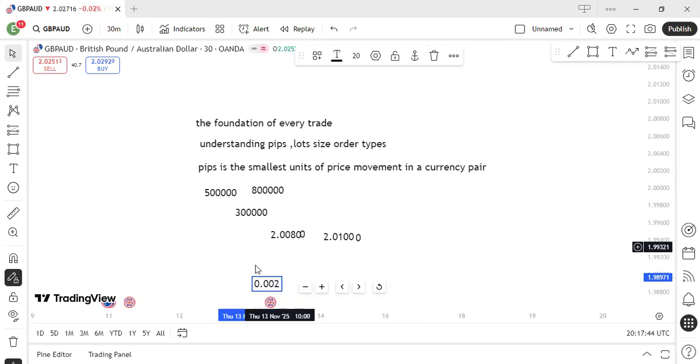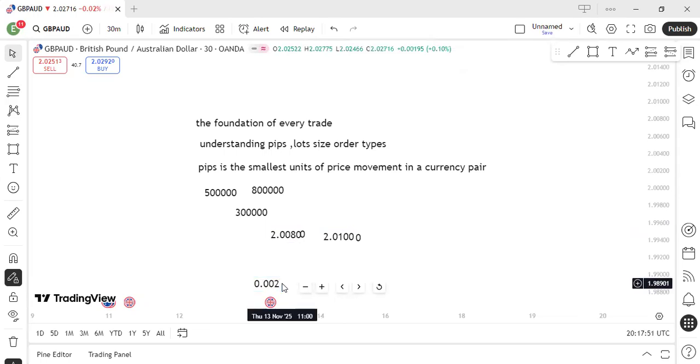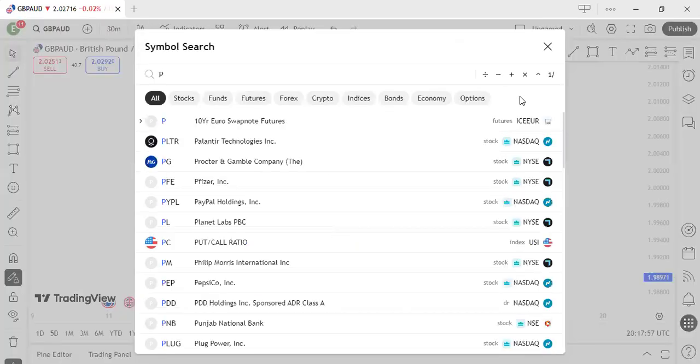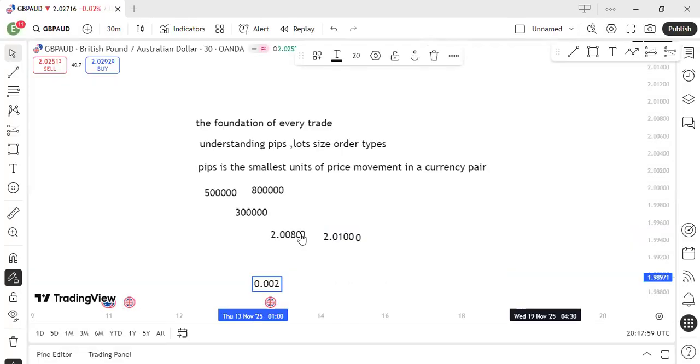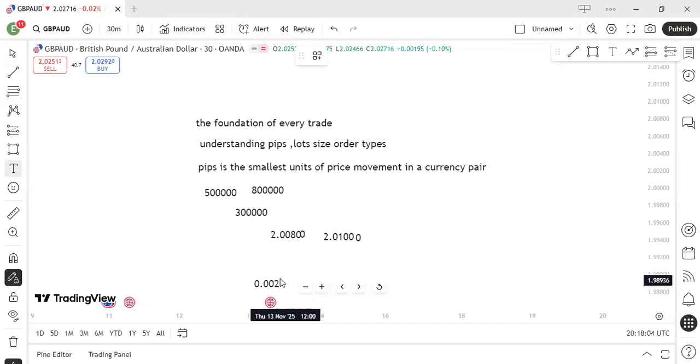Are you with me? Price moving from here to this point is 0.002, and we can now call it 0.002 pips. So pips is just the movement of the market.